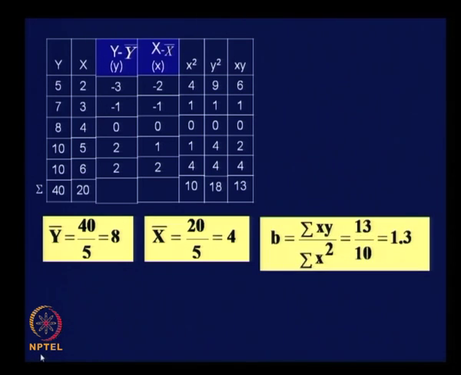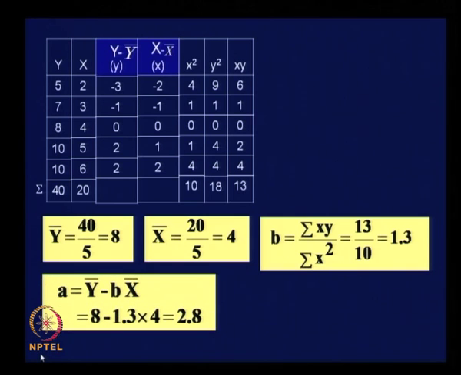Now we are ready to calculate the value of b, the regression coefficient, given as sigma xy divided by sigma x squared. The values are already calculated. Sigma xy is 13 and sigma x squared is 10. 13 by 10 is just 1.3, that is the regression coefficient.